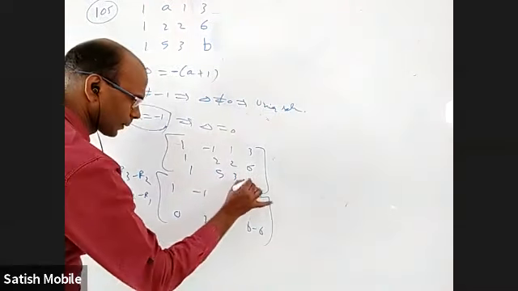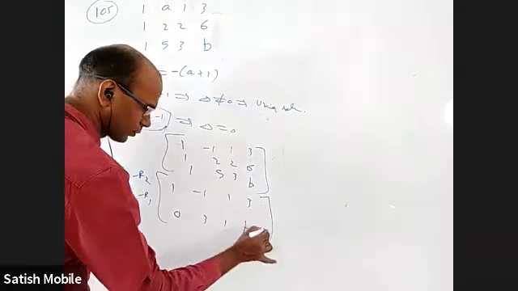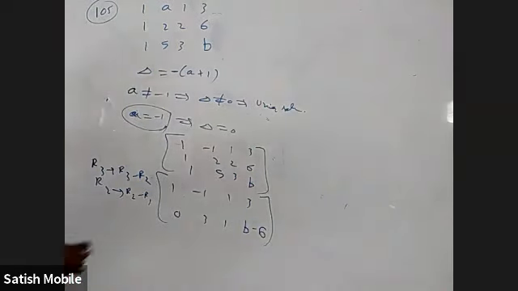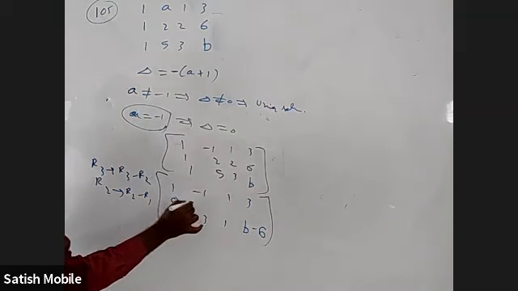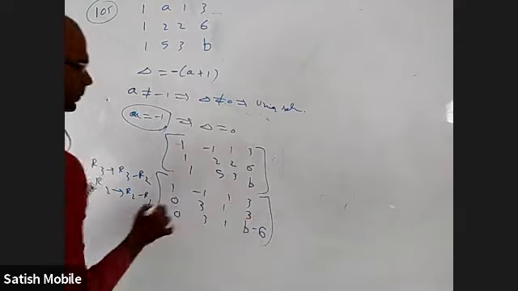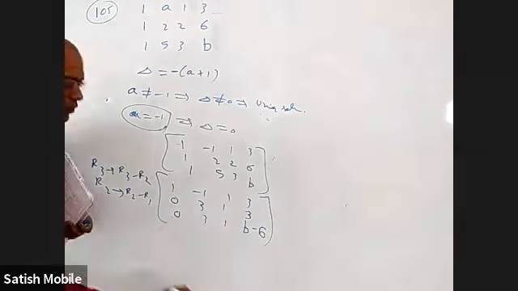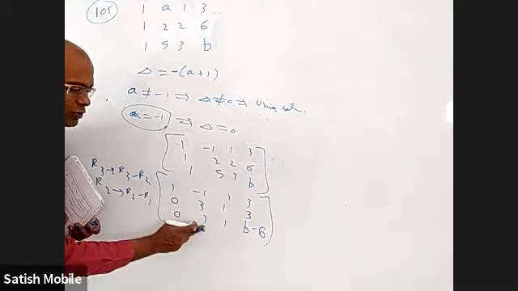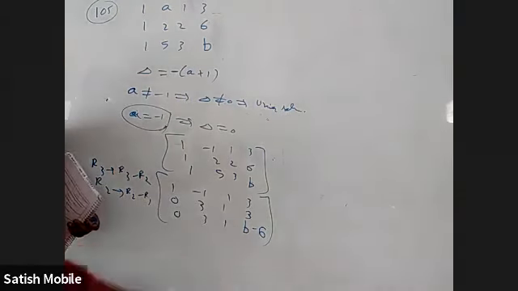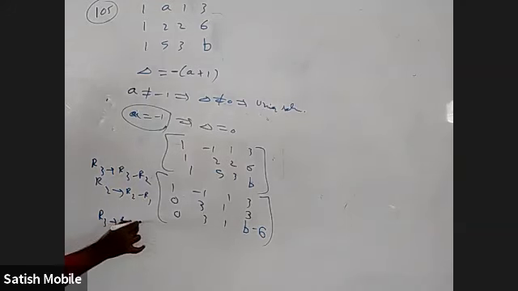This is B. This is 6. From this, if I remove this, 0, 3, 1, 3. You can see this and this are same now. I'll subtract once again. I want to convert only this into 0 by subtracting, but automatically this is also coming 0. Okay. So R3 as R3 minus R2.